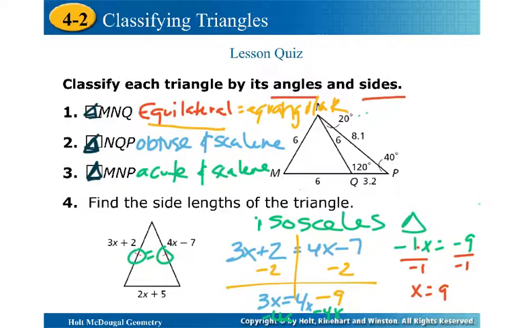Now that we know that x is 9, we can plug it back in up here for the x, so 3 times 9 plus 2. We also have 4 times 9 minus 7, and even though this side down here is not equal, the x is still the same variable, so 2 times 9 plus 5 will get us that measurement as well.